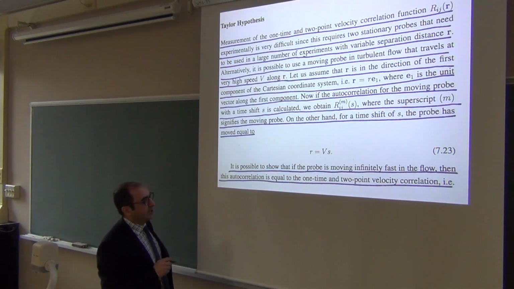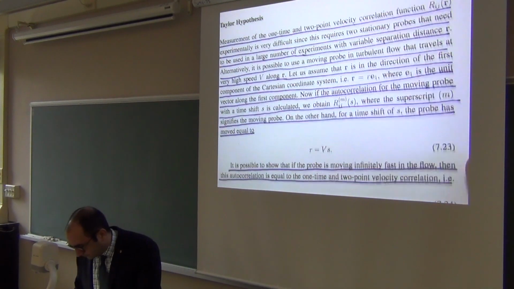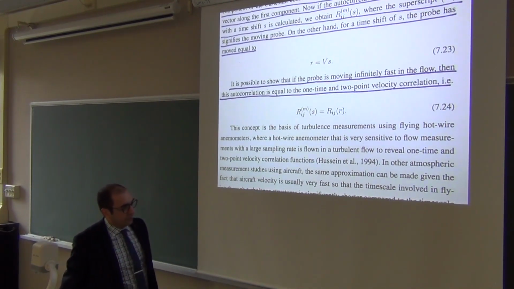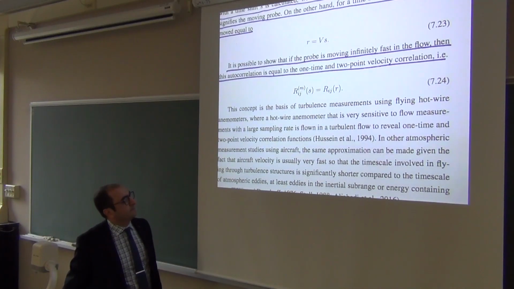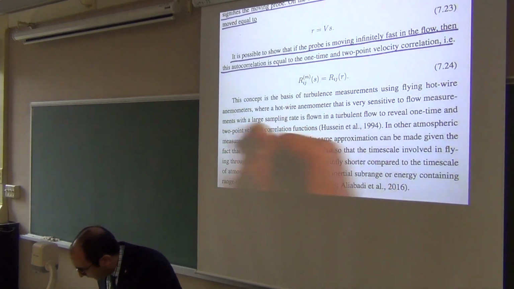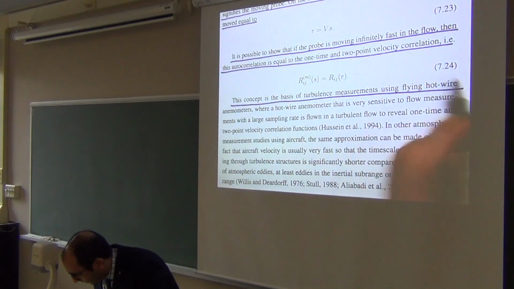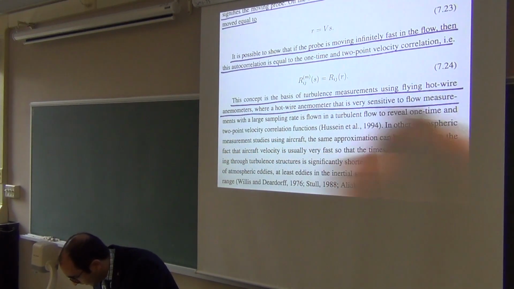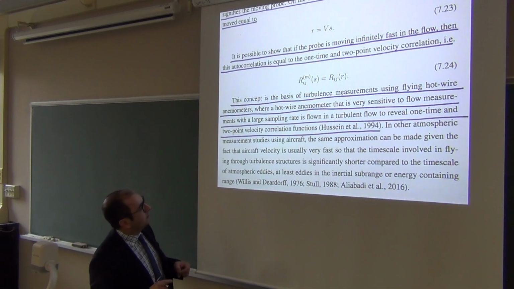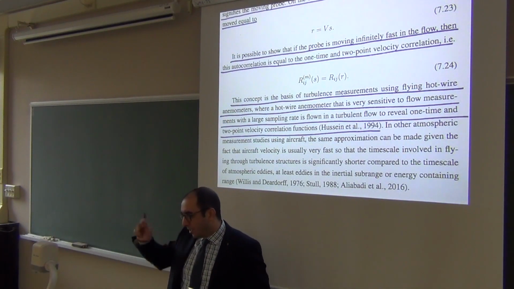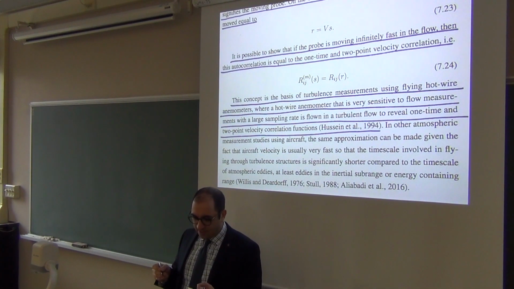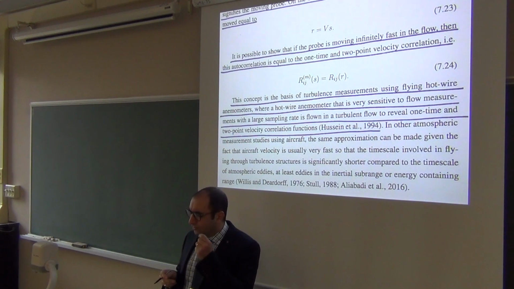And Taylor realized this, and he said that this can be put to very useful use for all kinds of measurements. In fact, this principle is the bedrock of a lot of turbulence measurements. If you've heard of hot wire anemometers, the assumption there is the same, which means that you have a wire which you fly really fast into a flow, and then this wire measures flow velocity at extremely high frequencies.